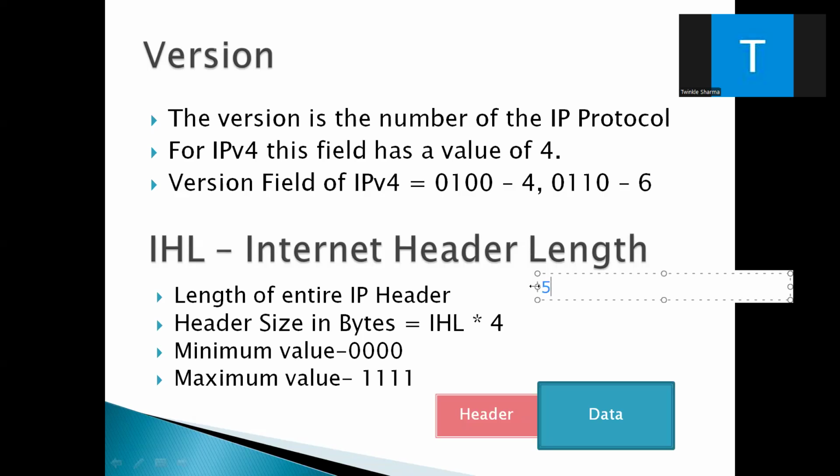How? 5 into 4 bytes is equal to 20 bytes. This is known as scaling. The minimum value of the header is 20 and the maximum is 60 bytes.